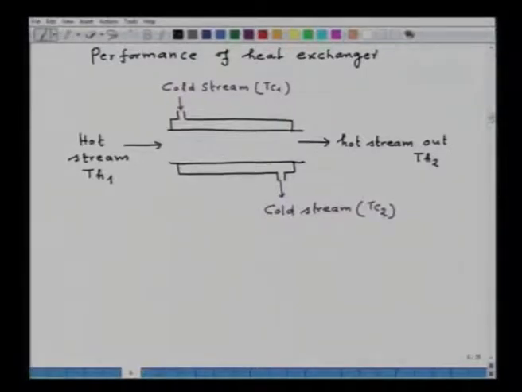So, essentially this heat exchanger is a coaxial pipe. Also, here, this is the wall of the pipe.